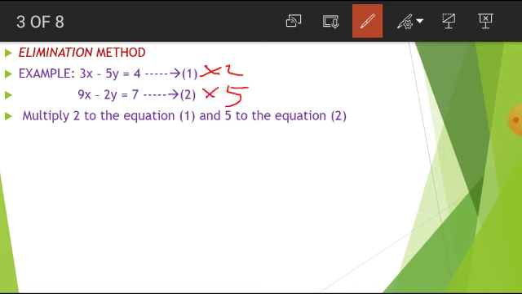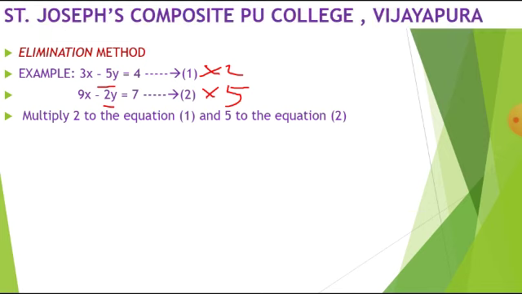When we multiply, the coefficients of the variable y will be equal. So after multiplication, we get 6x minus 10y is equal to 8 as the third equation, and 45x minus 10y is equal to 35 as the fourth equation.